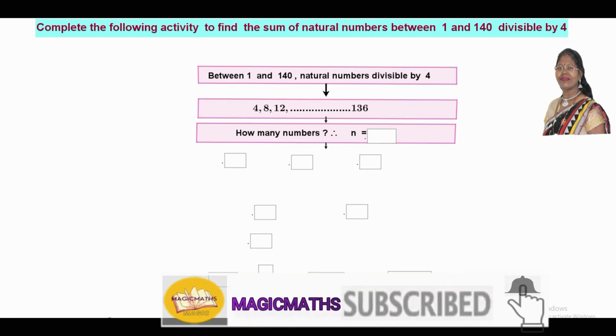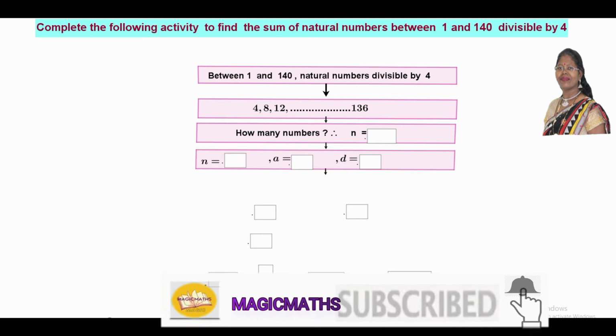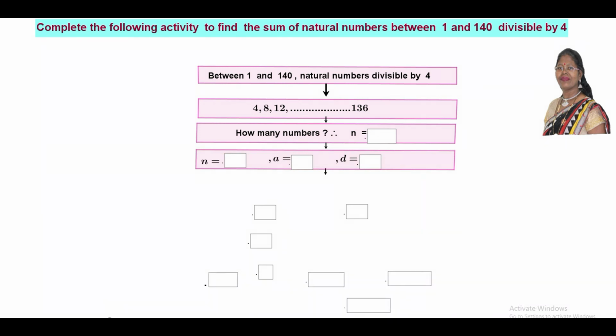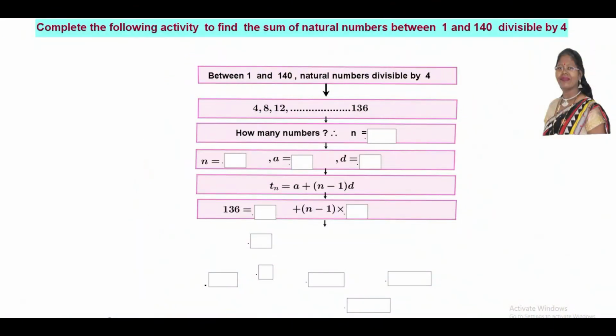How many numbers? N is equal to, we don't know; A is equal to, and D is equal to, we have to fill the brackets. Tn is equal to A plus (n minus 1) into D is given. 136 is equal to bracket. The incomplete formula is given.